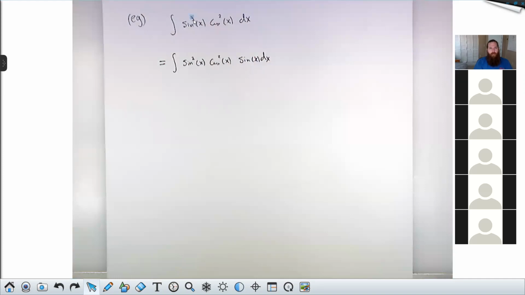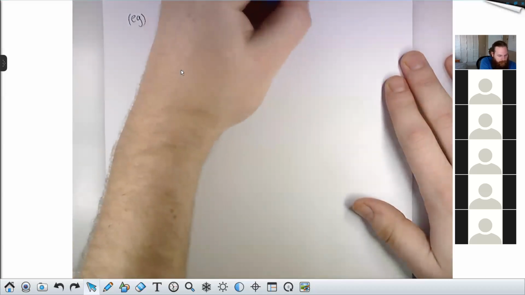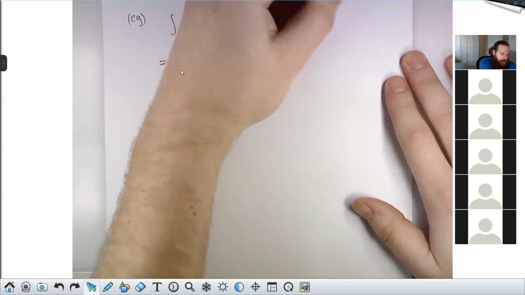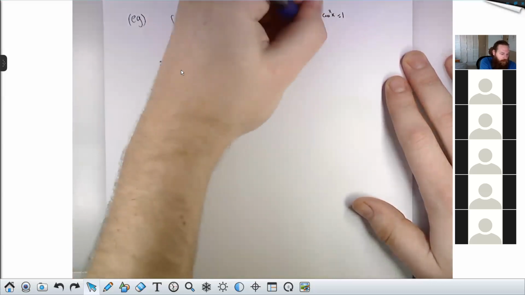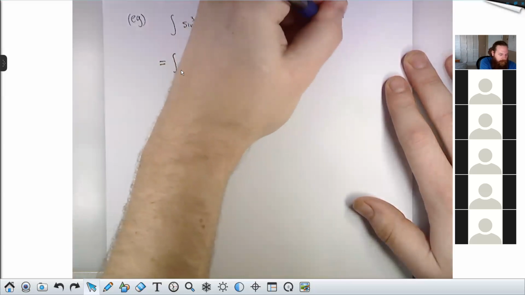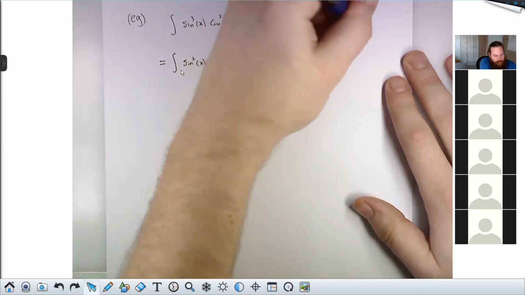Because the power of sine is odd, when I grab 1 to sit over here, what's left is an even power. And then I can use the Pythagorean trig identity sine squared plus cos squared equals 1 to rewrite the remaining 2 copies of sine in terms of cosine.